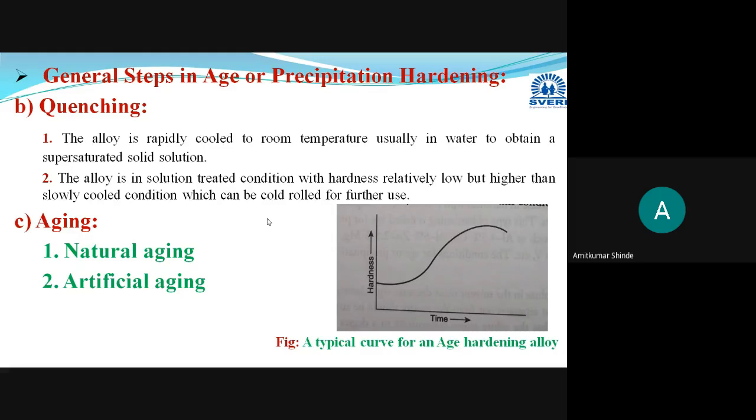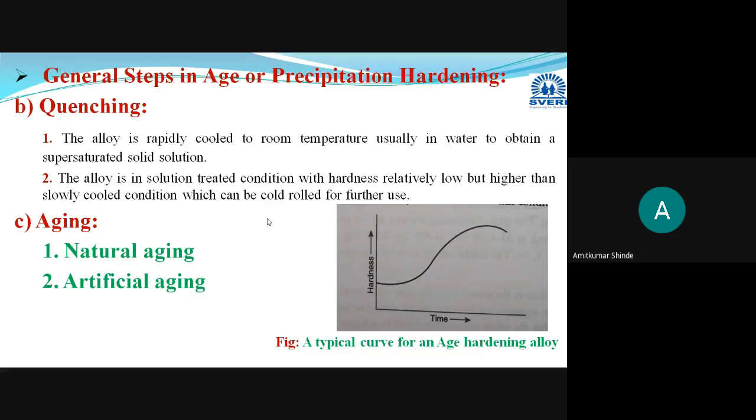We are rapidly cooling, whichever alloy we have heated, we are collecting that alloy and dipping it directly into the water. Due to this rapid quenching, supersaturated solid solution will be formed. Now this alloy is in the solution treated condition.